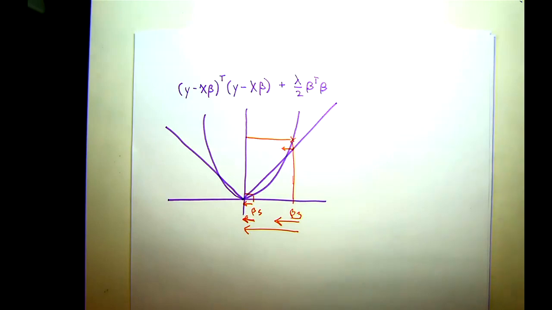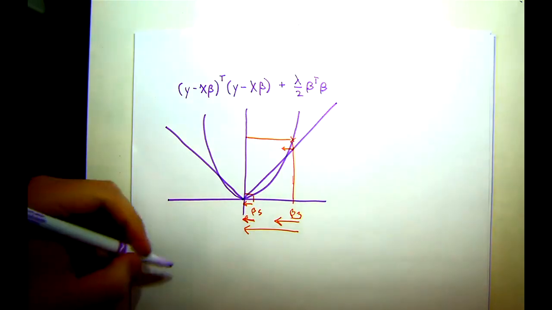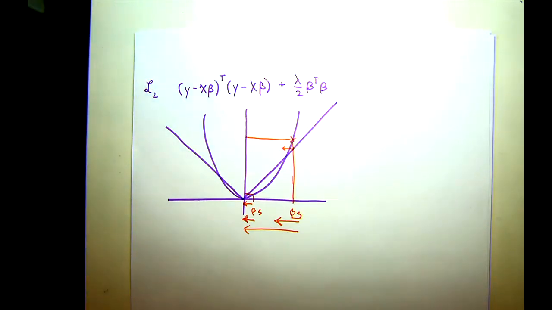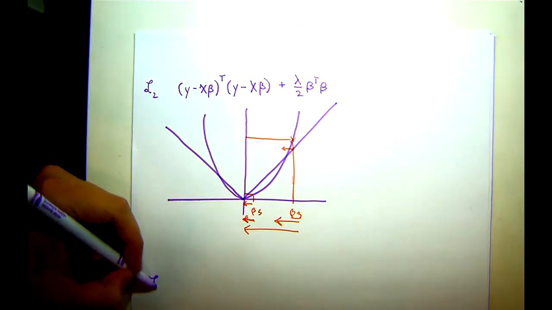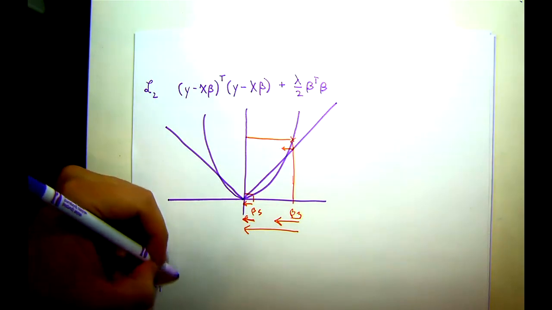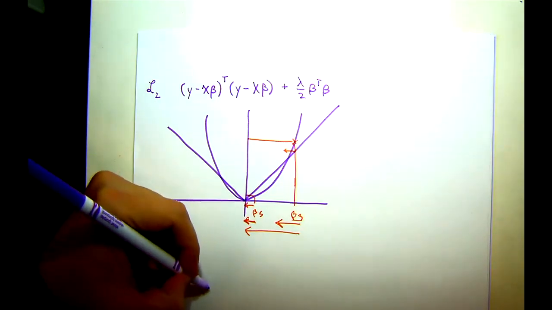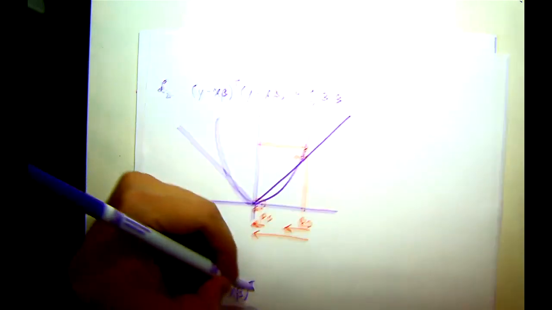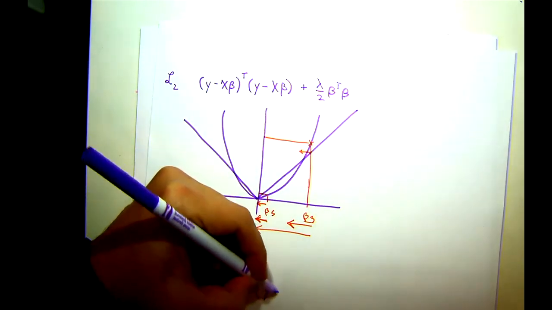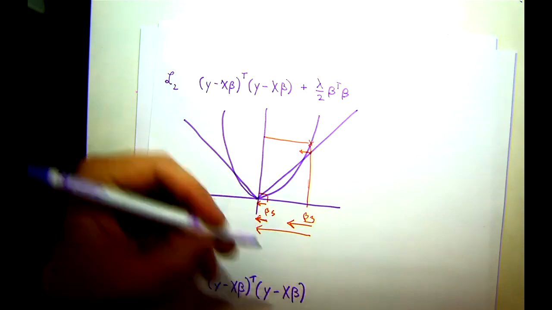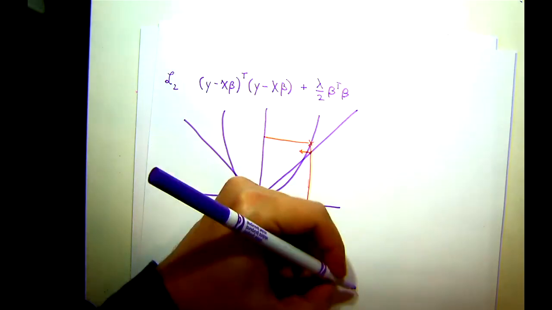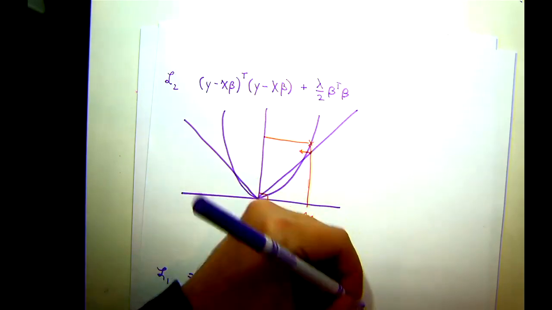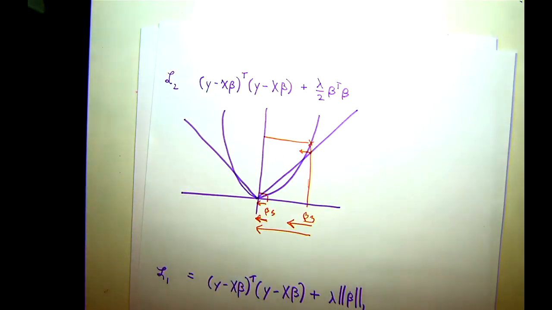So what does this look like? We can look at a new loss function. This is the loss function, and we'll put a little 2 down there to say that it's L2. The loss function for L1 uses the same squared error here, but instead of using the L2, we use the L1 error on beta.